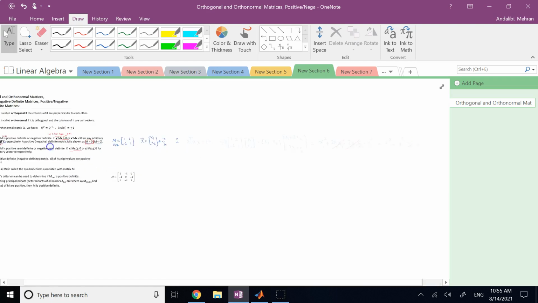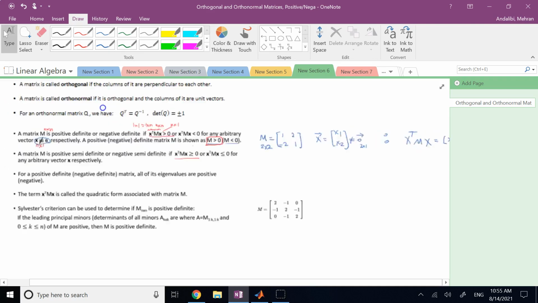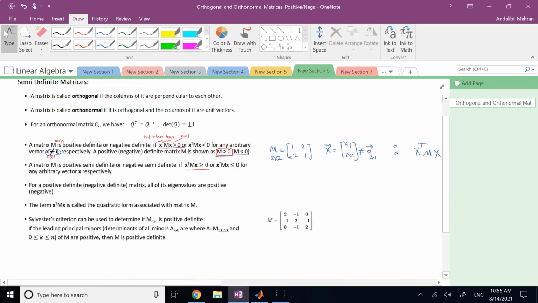So if both x1 and x2 are 0, clearly this result is going to be equal to 0. So can I call this matrix M also positive semi-definite? Yes, sure. If you look at the definition, any matrix that is positive definite by default is also positive semi-definite.